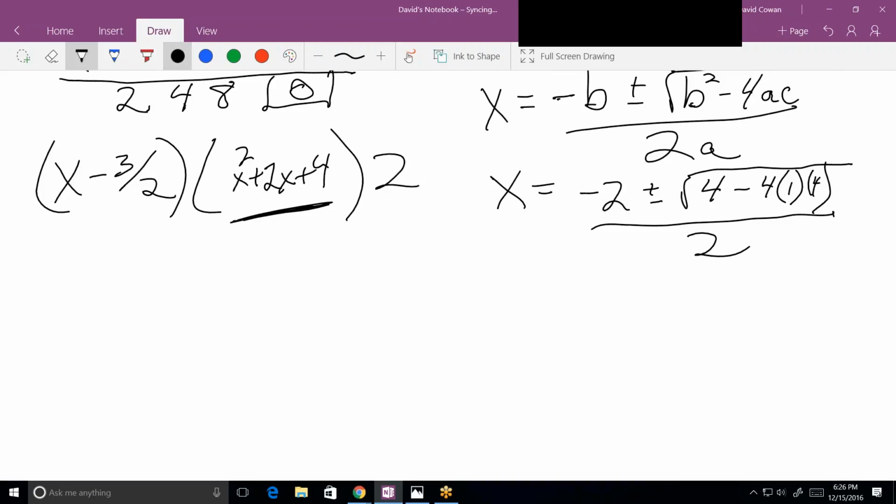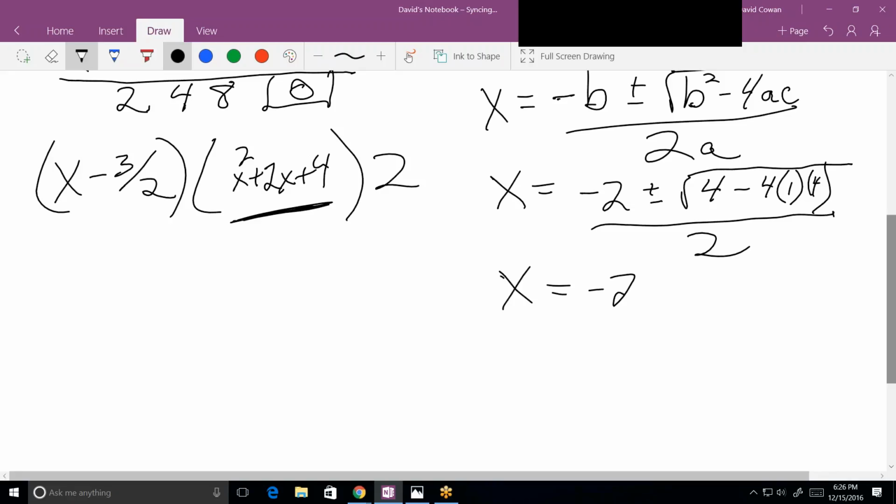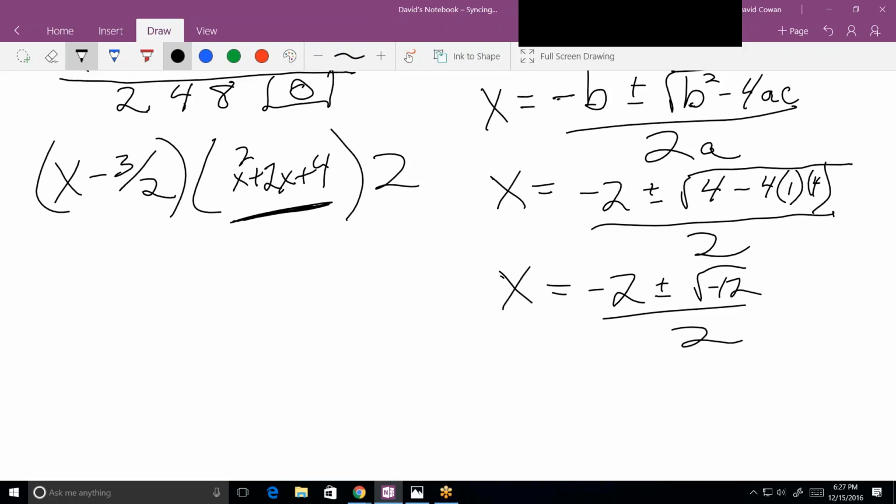Yes. Okay, so I got x equals minus 2 plus or minus the square root of 4 minus 16, which is minus 12, all over 2. What is the square root of minus 12 going to simplify to?